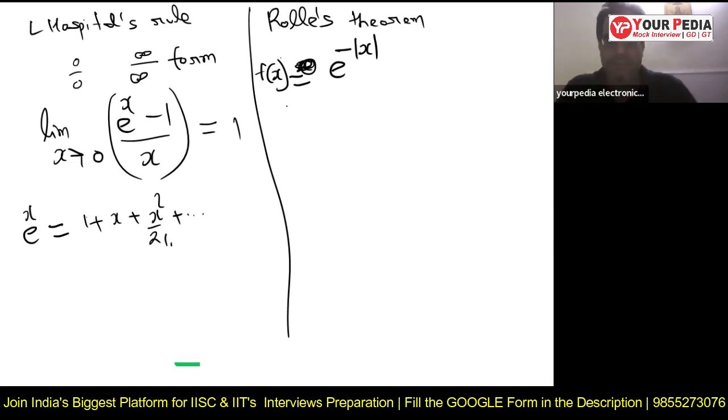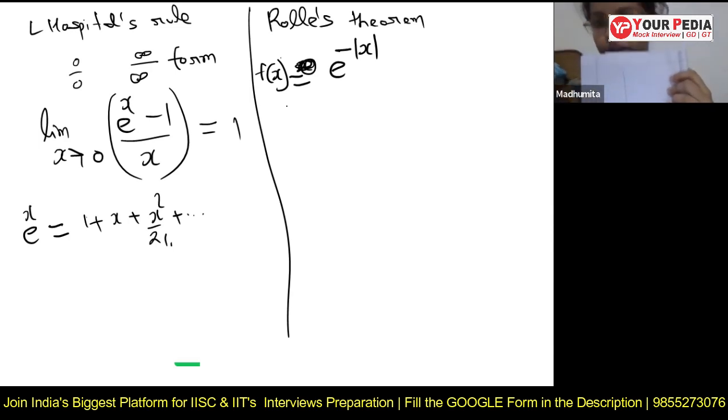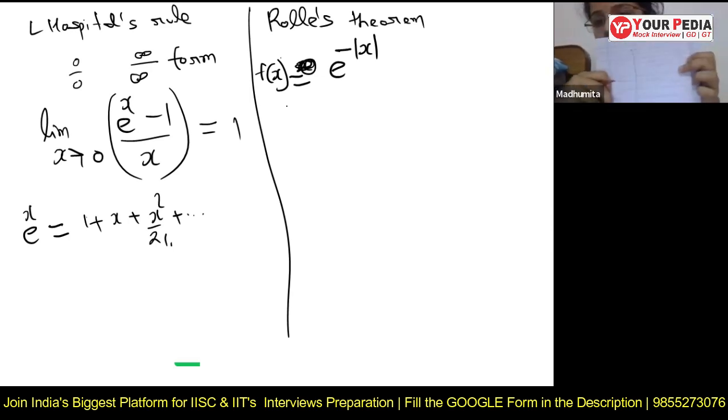With the y-axis and the x-axis, it will lie in the second and the third quadrant, and e to the power 0, if I take the x value as 0, it will be 1.